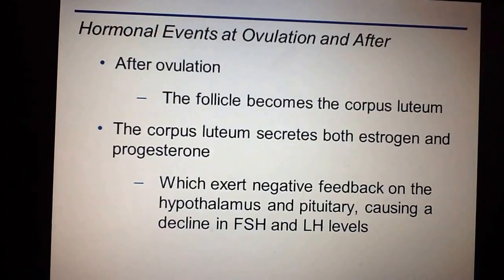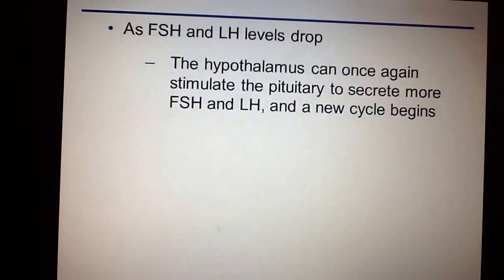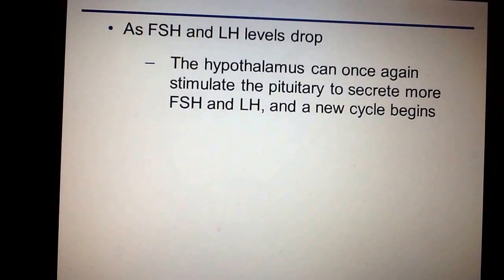We've already developed the egg. And then as the follicle-stimulating hormones and luteinizing hormones level drop because the brain was shut down, then what happens is the levels get too low, the hypothalamus notices that, and once again it starts telling the pituitary to start making more follicle-stimulating hormone and more luteinizing hormone, and the process starts all over again.